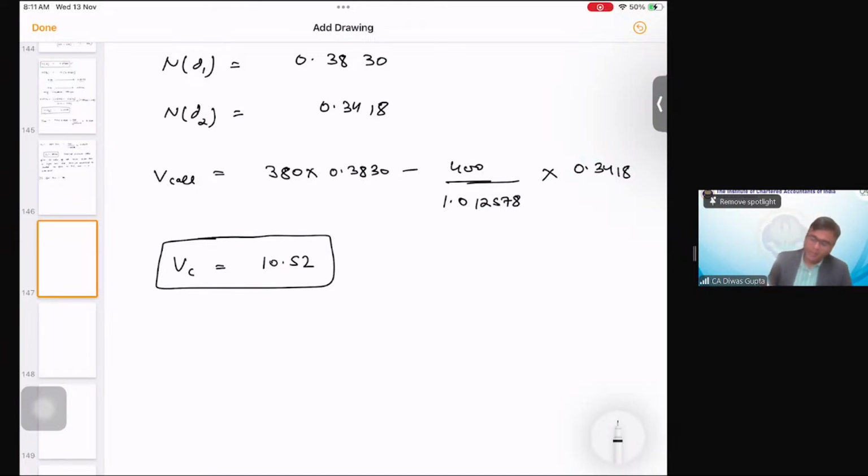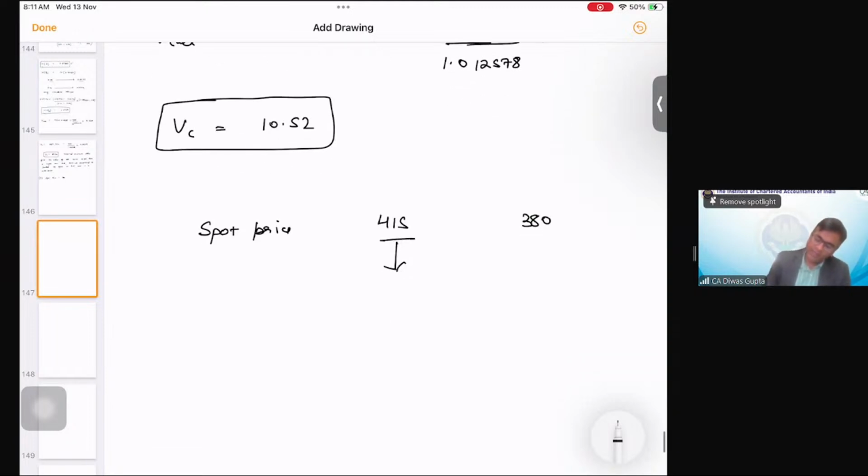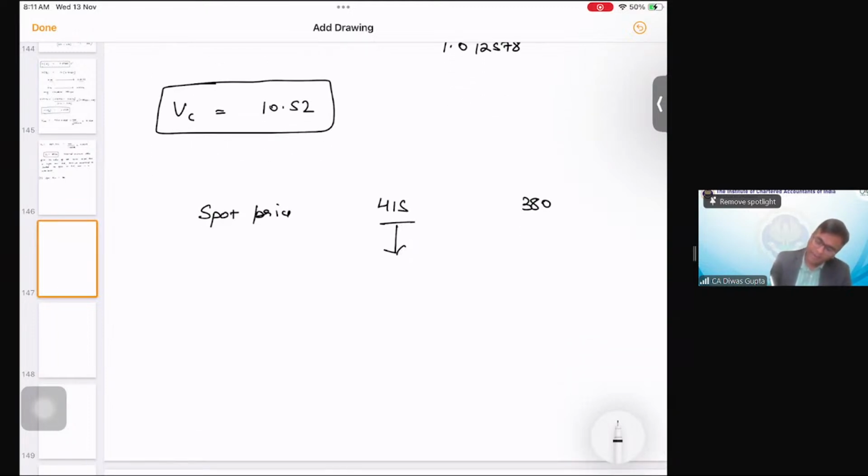Clear? Now, an interesting thing over here is if the spot price is 415 and 380 here, so 415 translates to what? It translates to 29.60.